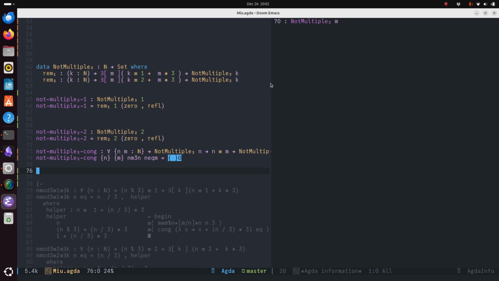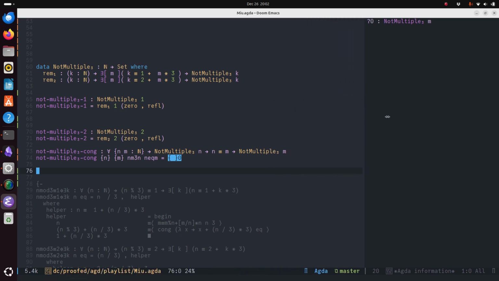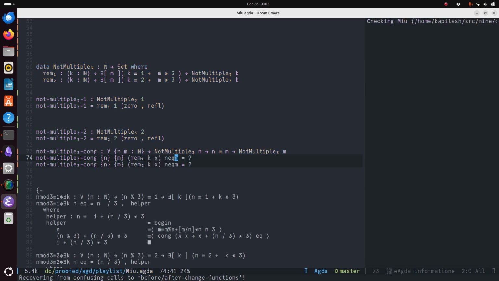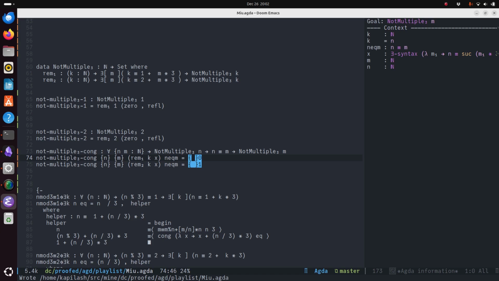So again, let me do it interactively. Let me do pattern matching on nm3n. Now if you see here, we know that if here also it would be rem1 only, the same constructor will come in here.